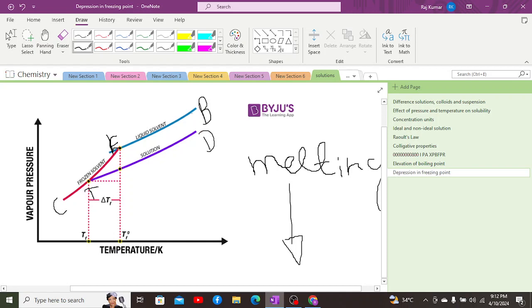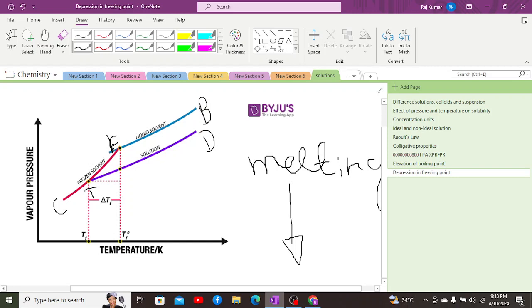Now, BEC represents the liquid solvent, and DTC represents the solution. Now here, for the solvent, from B to E represents the liquid state, and from E to C represents the frozen solvent state or the solid state.